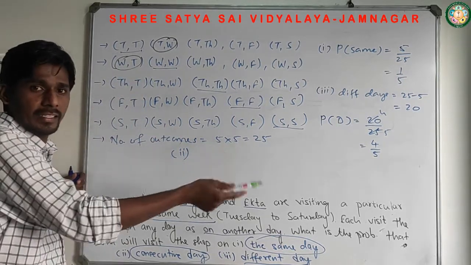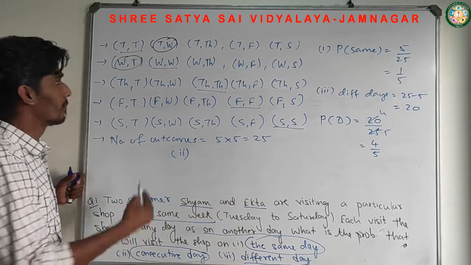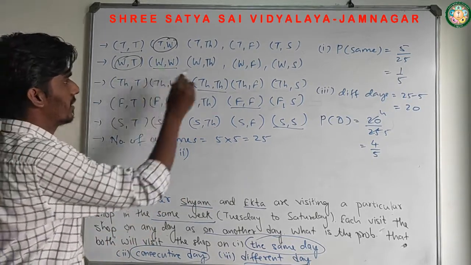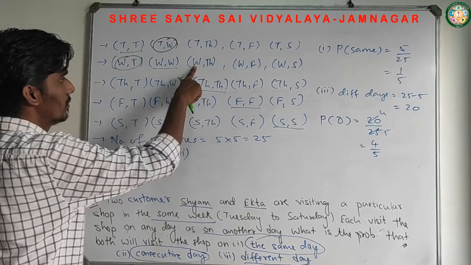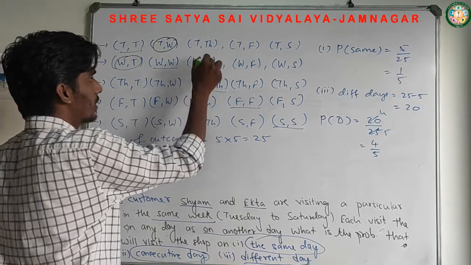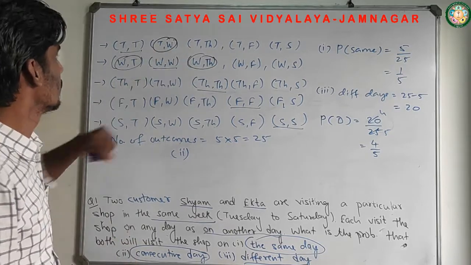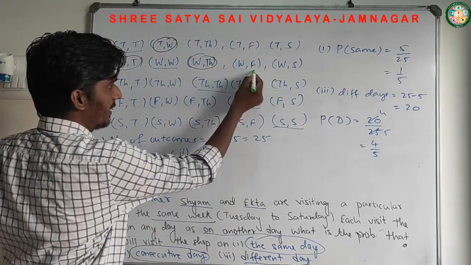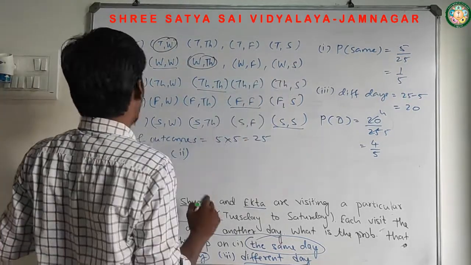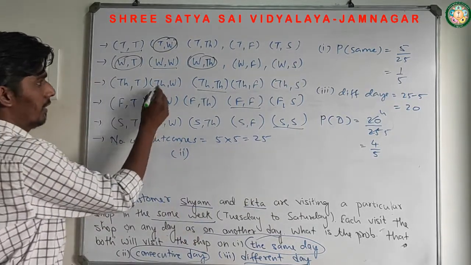One went one day after the other, that is consecutive days. Wednesday and Thursday is consecutive. Wednesday, Friday? No. Wednesday, Saturday? No. Thursday, Tuesday?